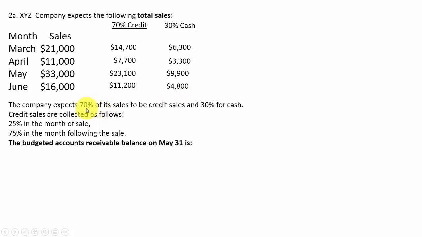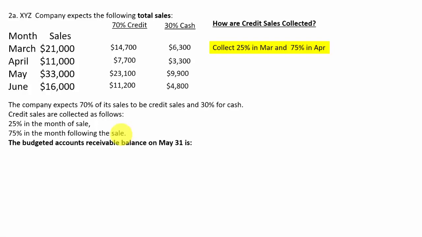Now, they tell us that credit sales are collected as follows: 25% in the month of sale and 75% in the month following sales. So we'll lay all that out. How are credit sales collected? 25% of the March credit sales of $14,700 will be collected in March, and 75% will be collected in April. 25% of April's credit sales, which are $7,700, will be collected in April, and 75% in May.